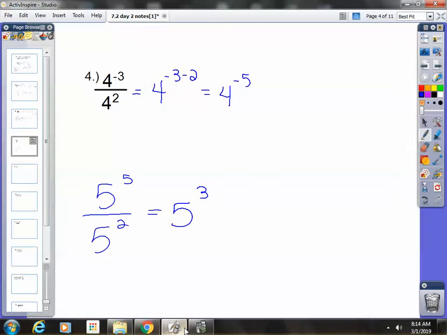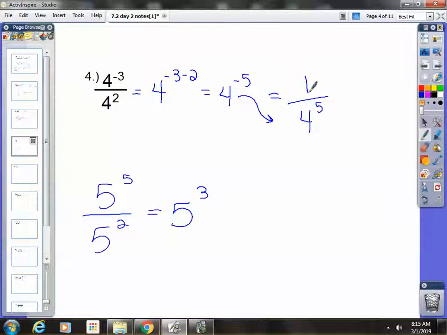Let's think about another way that we could approach that. We have a negative exponent, don't we? That means 4 is living on the wrong floor. He's on the top floor right now. Where could I put it? Downstairs. I'm going to move 4 downstairs. 1 over 4 to the positive 5 power.